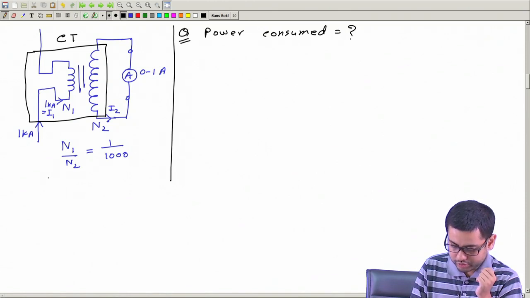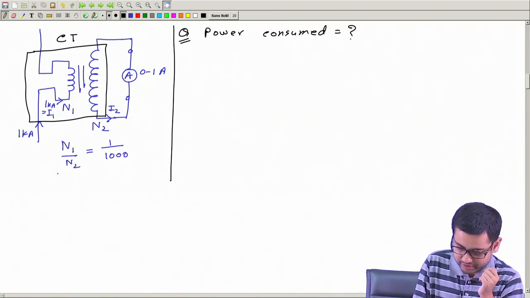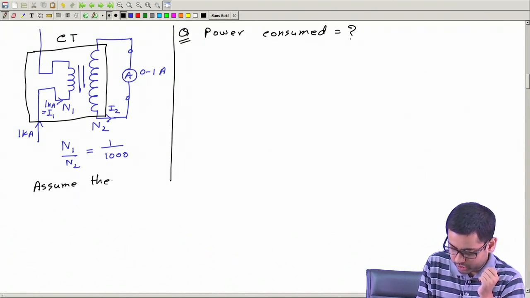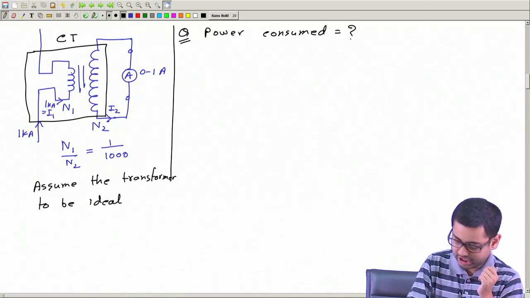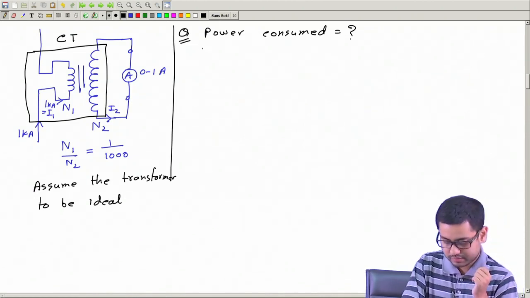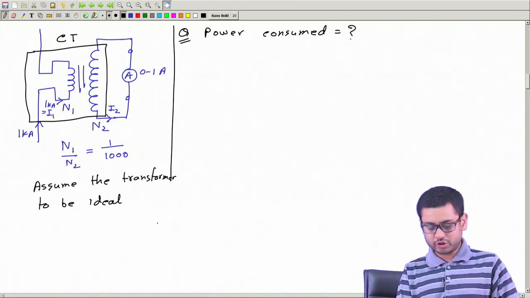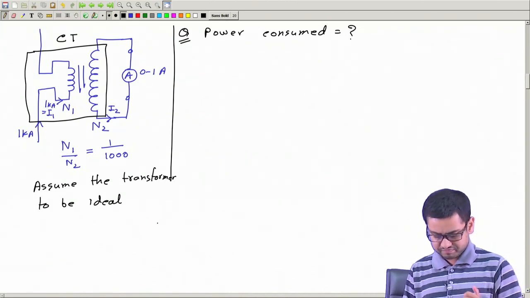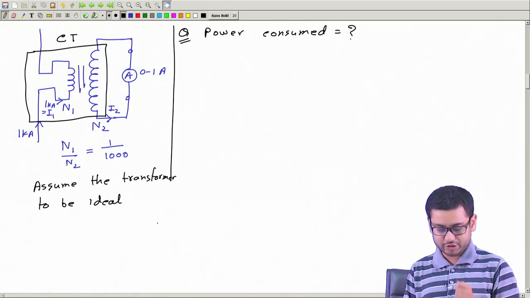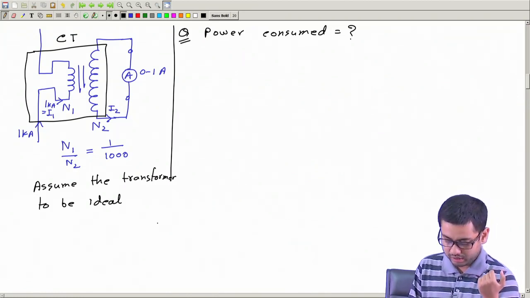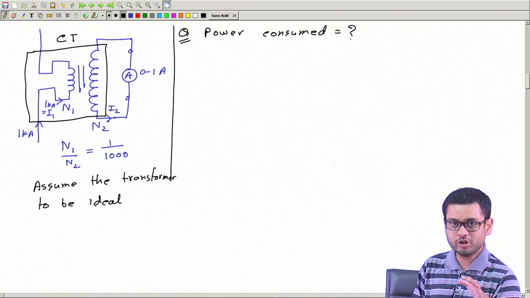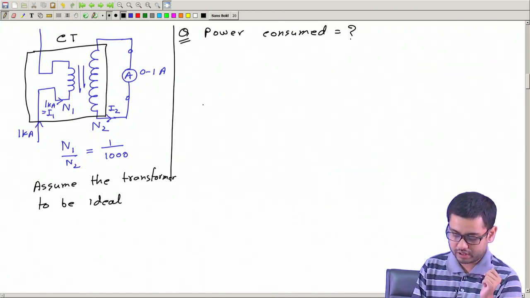Now, this is an ideal transformer. Assume the transformer to be ideal, so there is no loss at all in the transformer. Practically no transformer is ideal, so there will be some loss, but since transformers are highly efficient instruments, we can ignore it to get a rough idea about the power consumed.